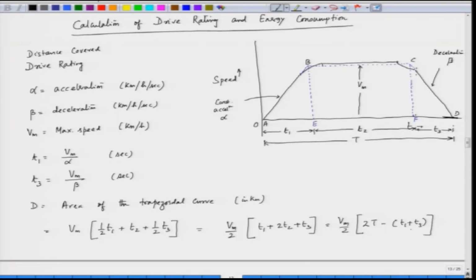We will further simplify this, because we know that T1 is Vm by alpha and T3 is Vm by beta.